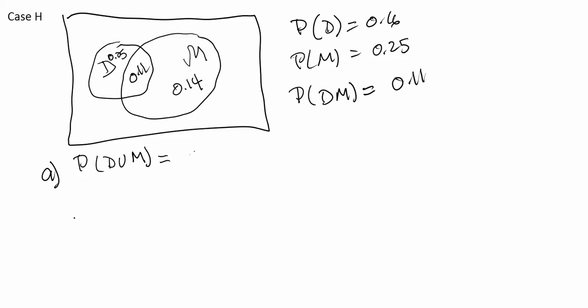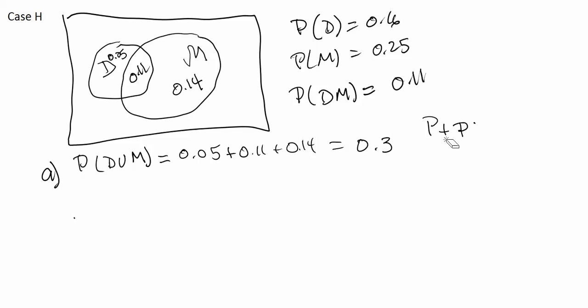That's going to be equal to, you can just add up those three parts, 0.05 plus 0.11 plus 0.14, and we just add those up, and I get 0.3.